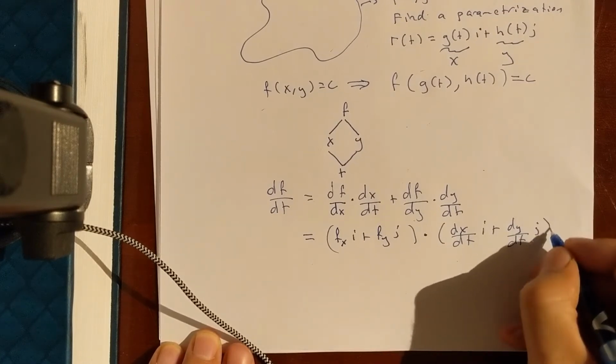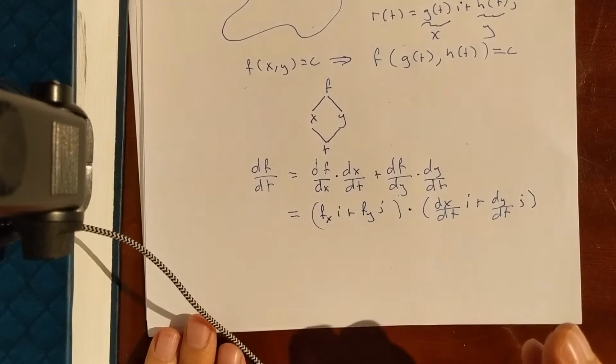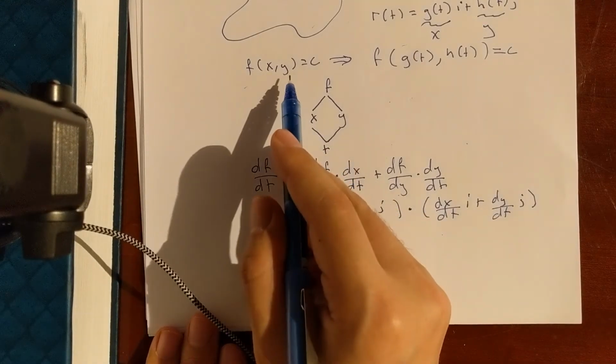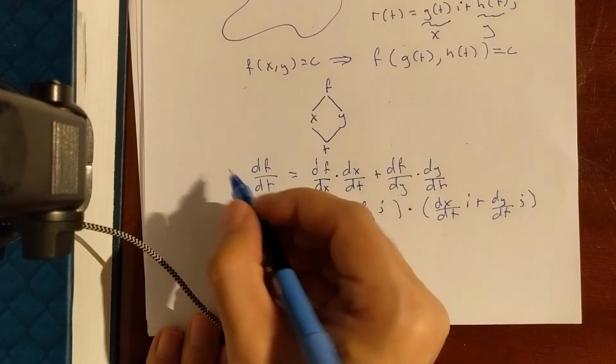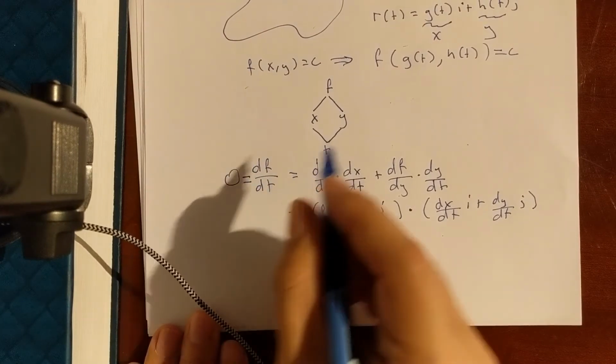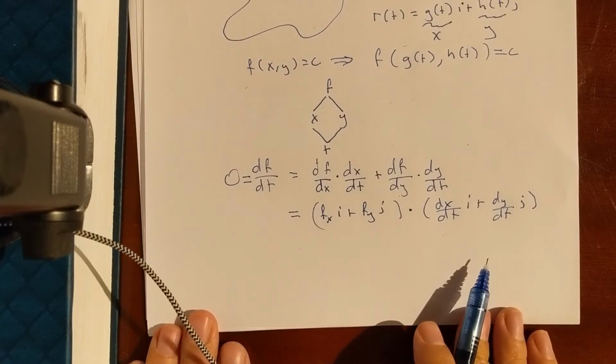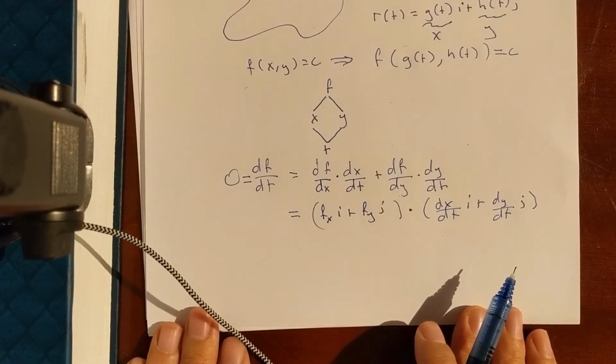But this function f of x y was equal to a constant. So df dt I know has to be 0, because the derivative of a constant with respect to t is going to be 0.